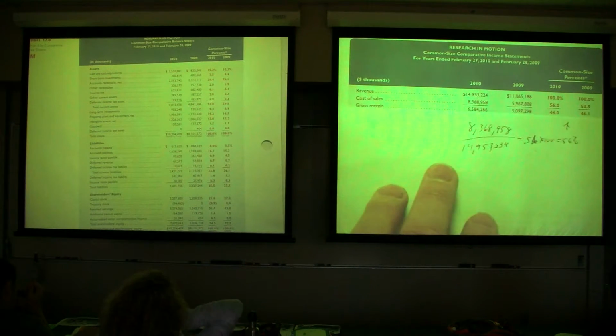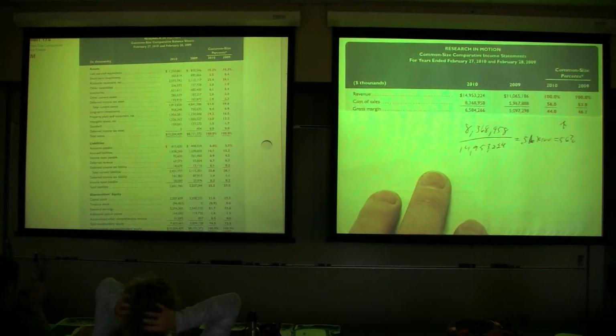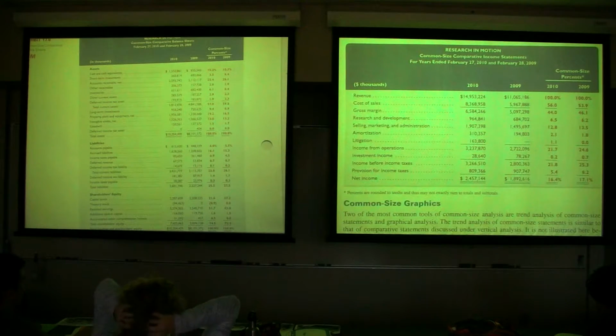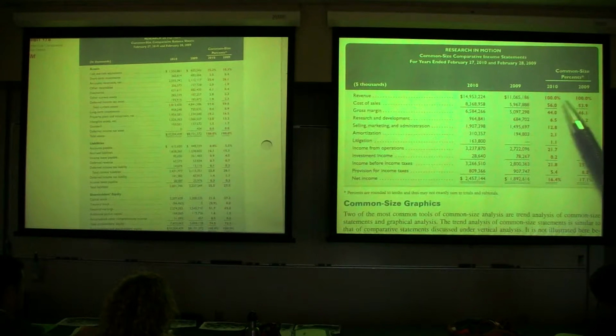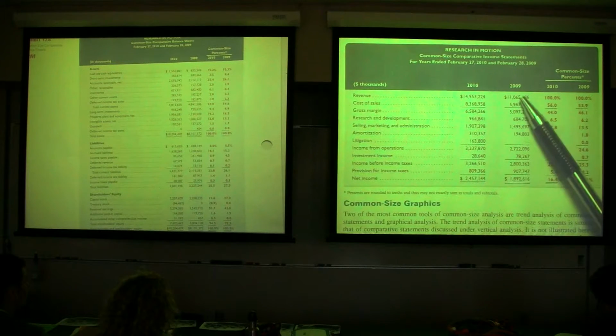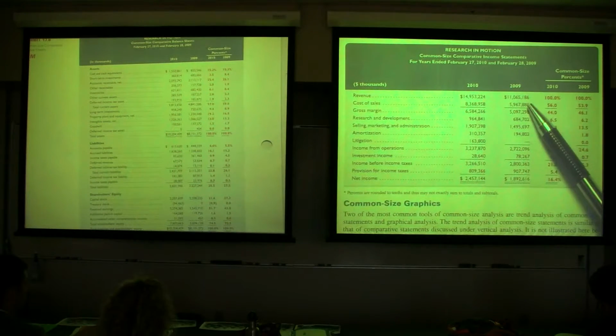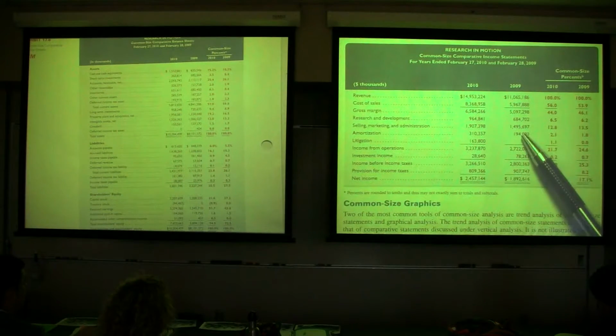Now, then you do the same thing with your gross margin. So what happens here with the income statement is revenue is always 100%, it'll always be the denominator. And of course, it's 100% in 100% because for revenue, it'll always be over itself. Everything else is the numerator.